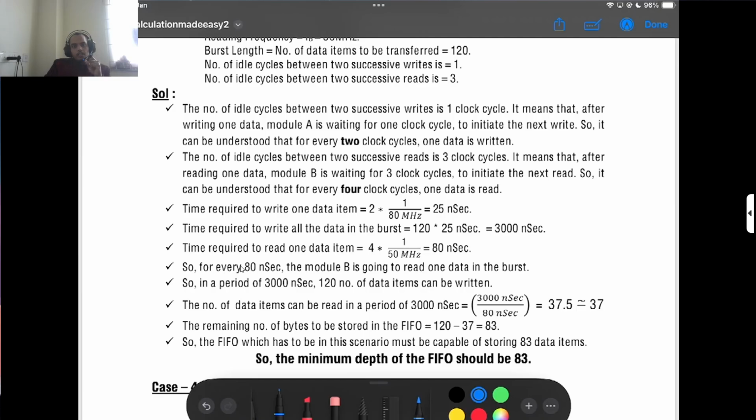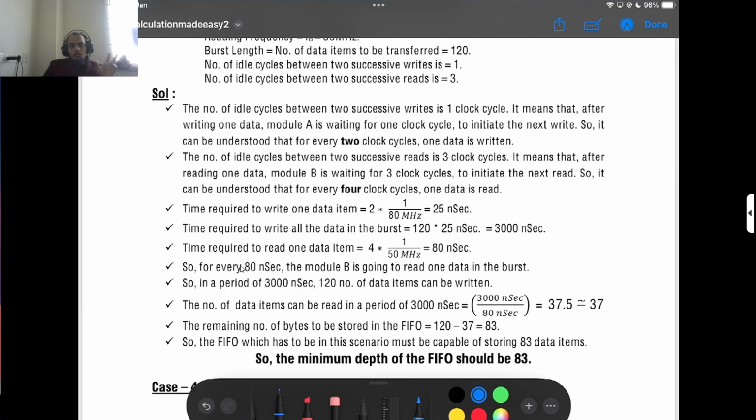It means that after writing one data, module A waits for one clock cycle to initiate the next write. So it can be understood that for every two clock cycles, one data is written.